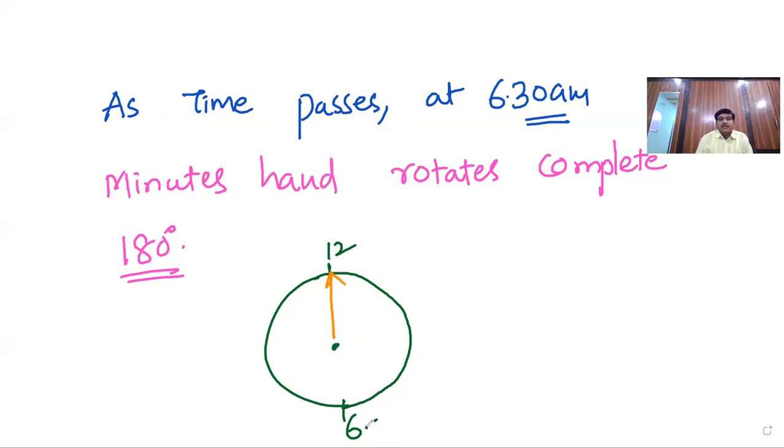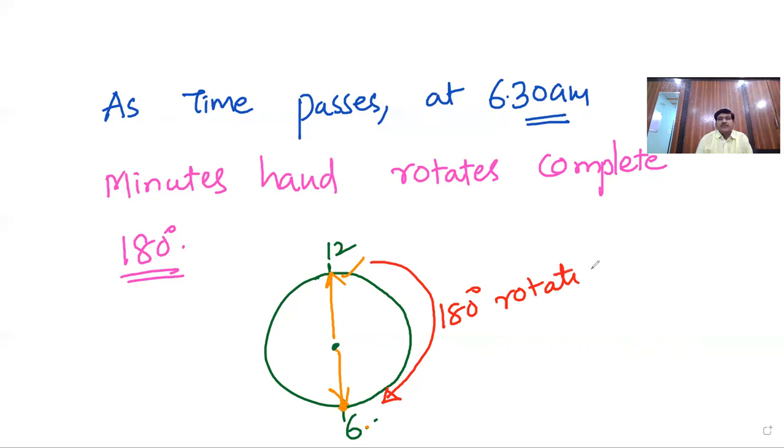At 6:30, automatically minute hand will become at this position. That means there is a complete rotation of 180 degrees.